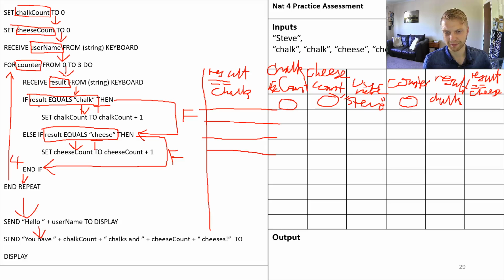We get that here, and it checks if result equals chalk. Well, it does. So this column, remember it's a bit weird the way I've done it, is true, and we add 1 to chalk count. Chalk count is currently 0, and then you add 1.